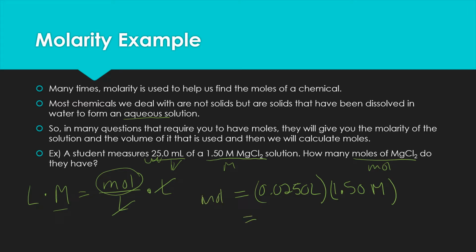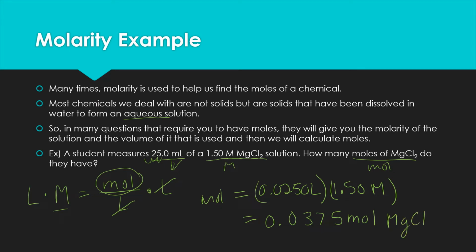So we have 0.025 times 1.5, and we get 0.0375. There's our three significant figures. And this is our number of moles of magnesium chloride.